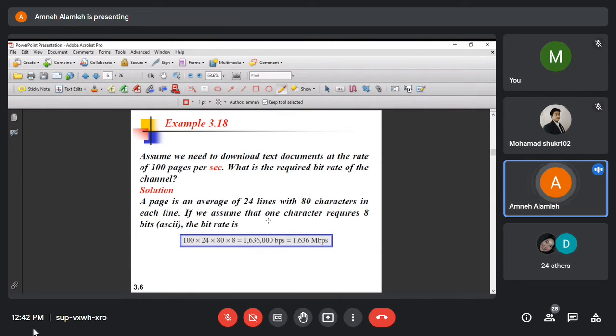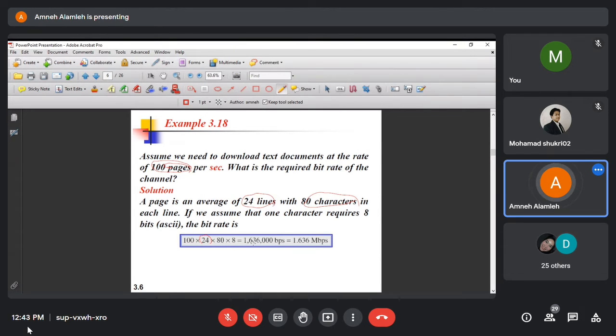If we assume that one character requires 8 bits in ASCII code, the bit rate is, we multiply 100 pages multiplied by 24 lines multiplied by 80 characters and multiply by 8 bits.